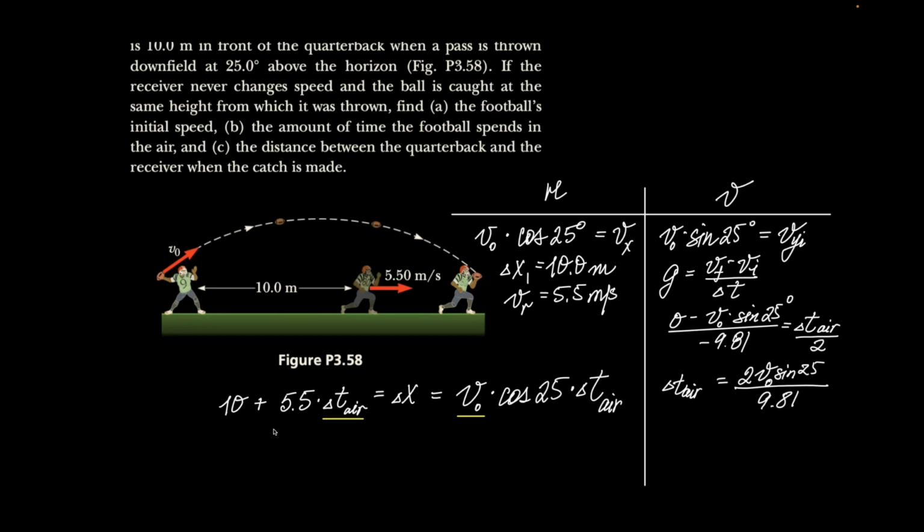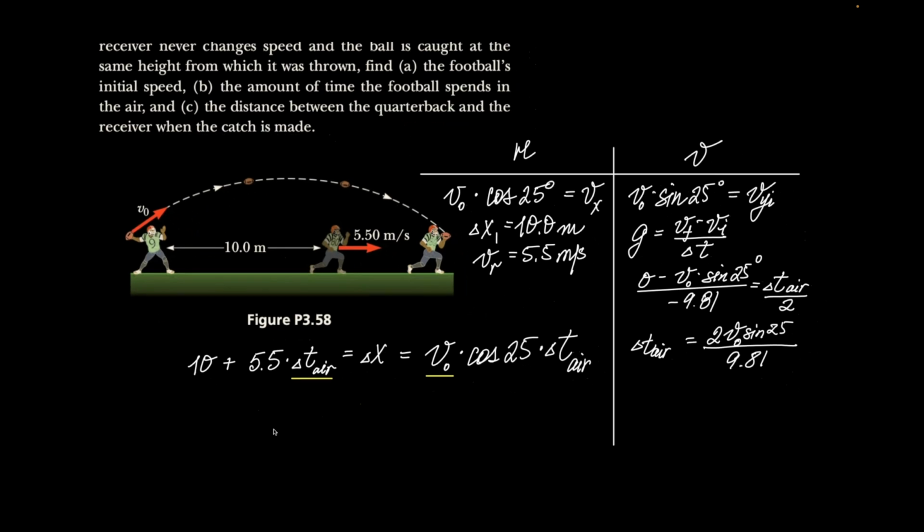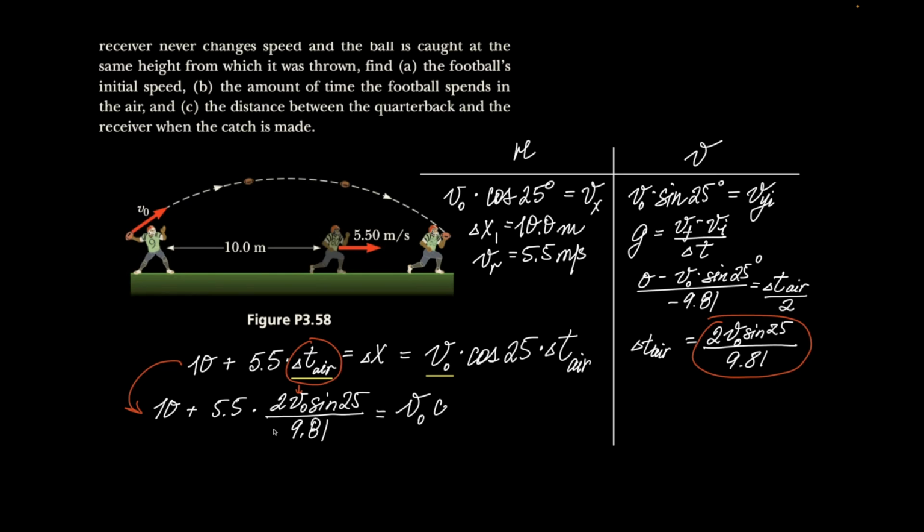Because the first question is about the football's initial speed, I'm just going to substitute time in the air and go for v initial. 10 plus 5.5 times 2 v0 sine of 25 over 9.8. That is this expression for time, placed instead of time in that equation upstairs. It should be equal to v0 cosine of 25 times 2 v0 sine of 25, all of that, over 9.81.